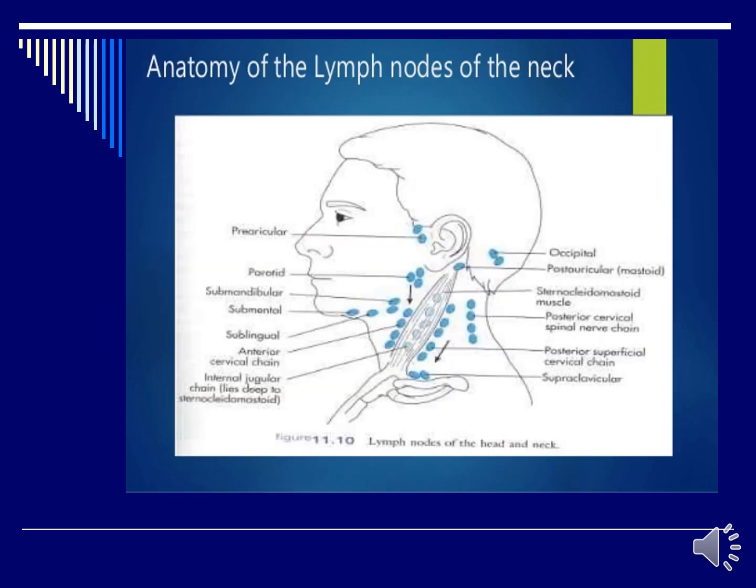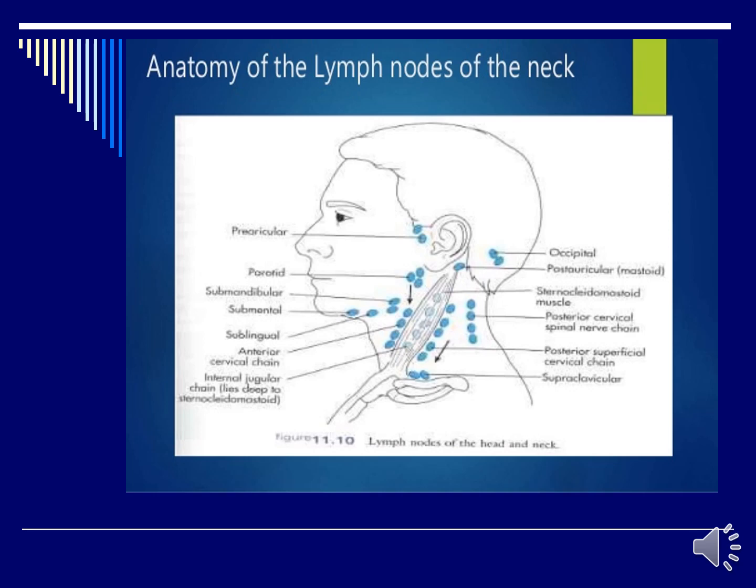Lymphatic distribution. Lymph nodes are distributed in the head and neck: submental, submandibular, parotid, pre-auricular, post-auricular, and occipital. Most of these are superficial cervical lymph nodes.